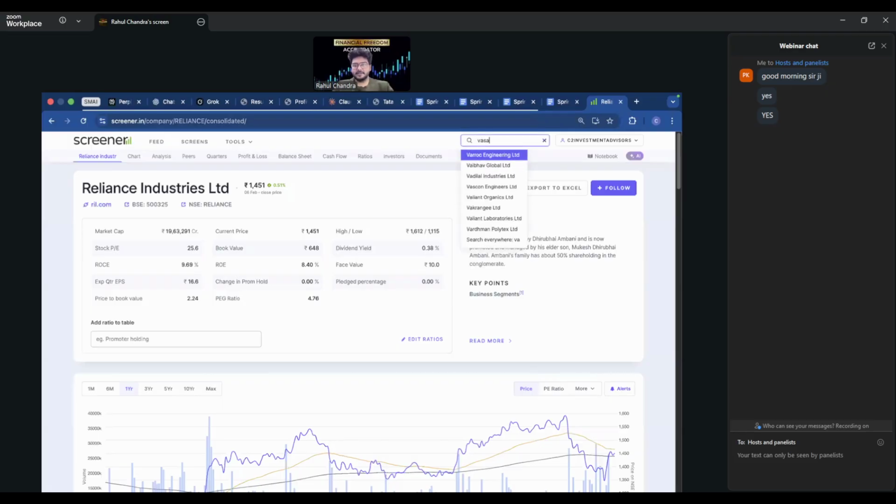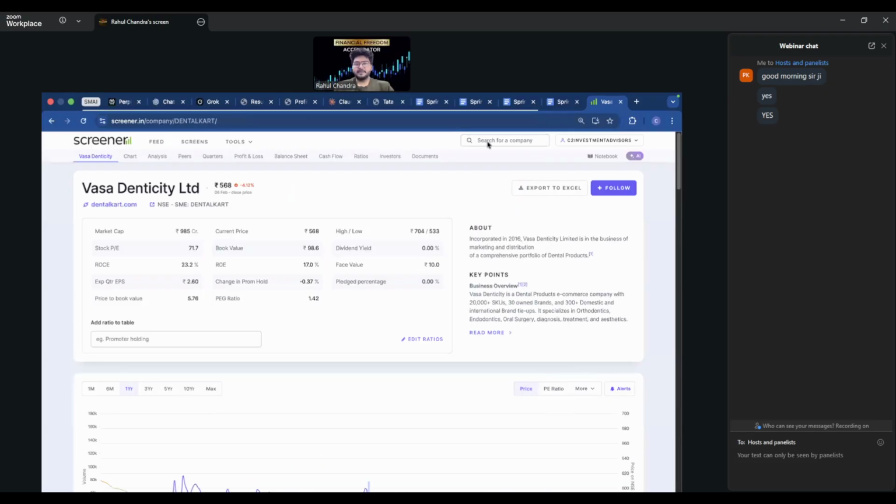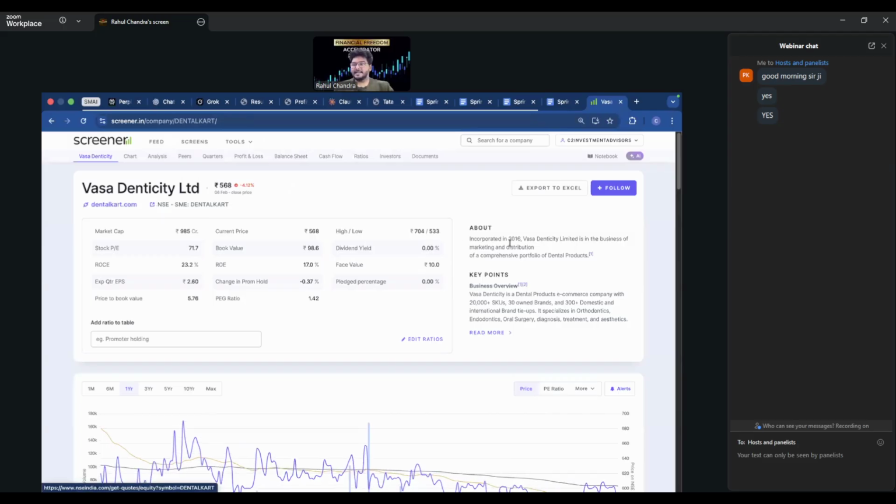But let's look at something like this. This is Vasa Denticity. They do e-commerce basically for dental items. It's an e-commerce platform for dental items. What is the current market cap of this company? Less than 1,000 crores, 985 crores.